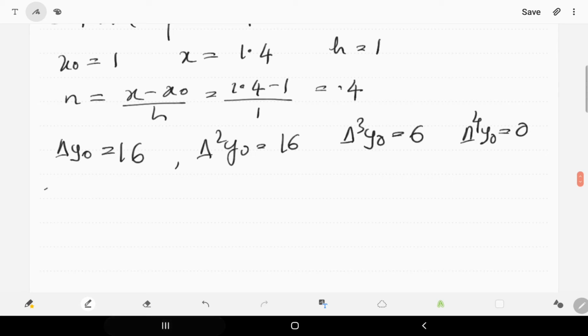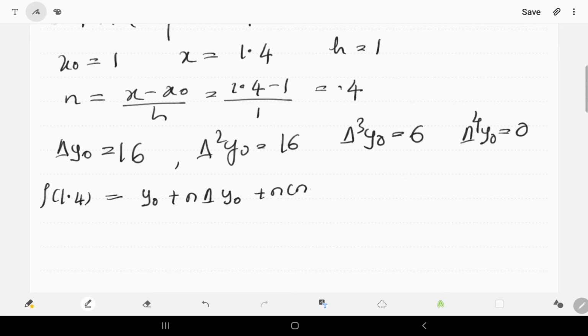Therefore f of 1.4 is equal to y naught plus n delta y naught plus n into n minus 1 by 2 factorial delta square y naught plus n into n minus 1 into n minus 2 by 3 factorial delta cube y naught.